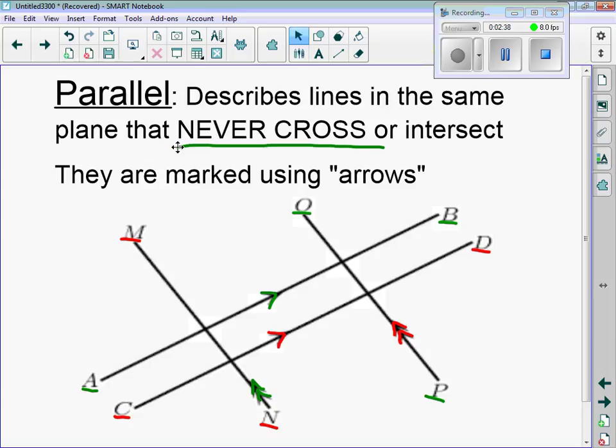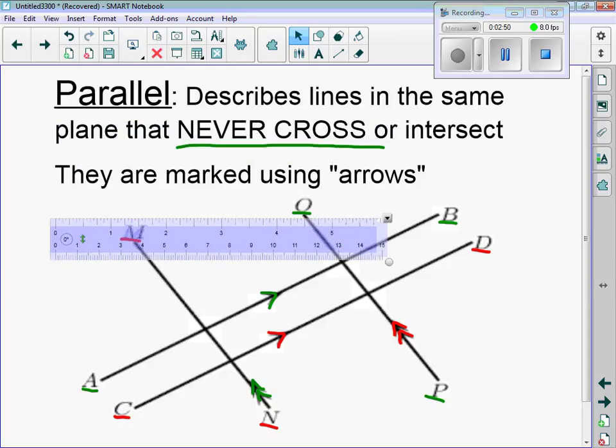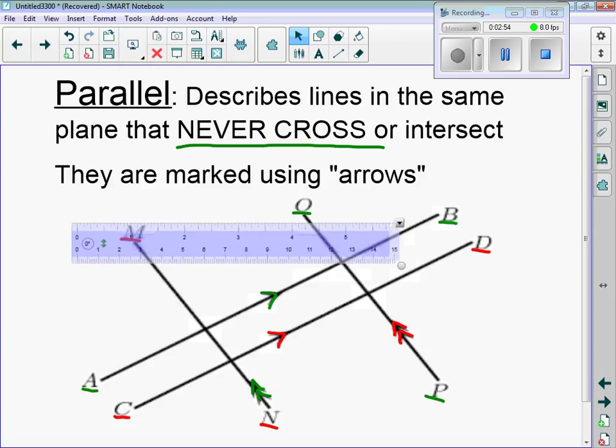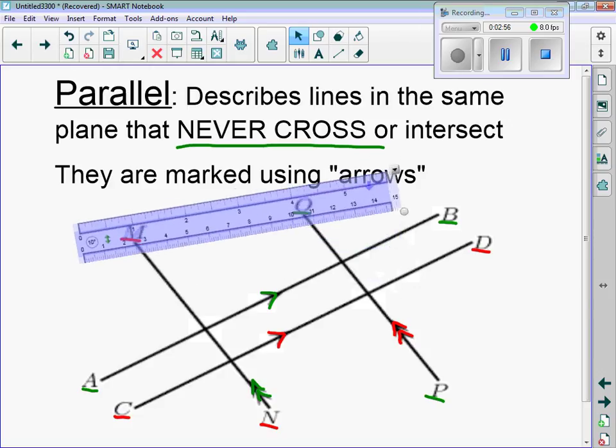So we should be able to take a ruler, and at every point between these two lines, we should be able to measure and see that they're the same distance apart. So let's see if I can pop up a digital ruler here. Here we go.